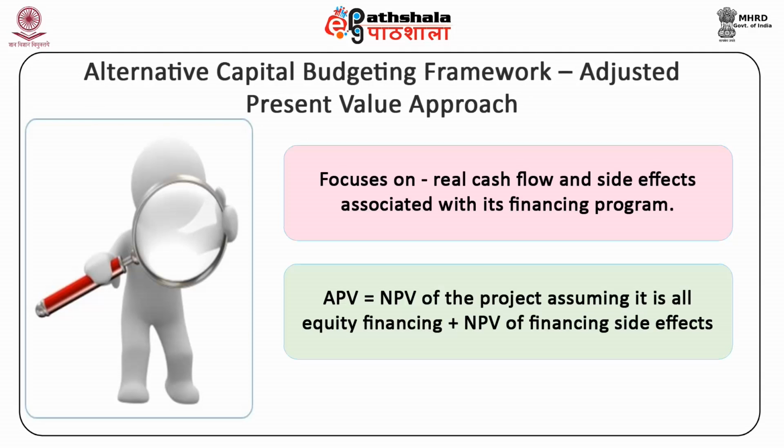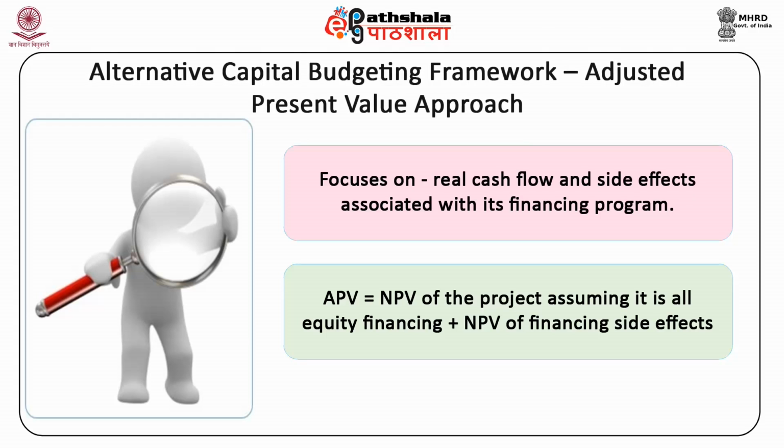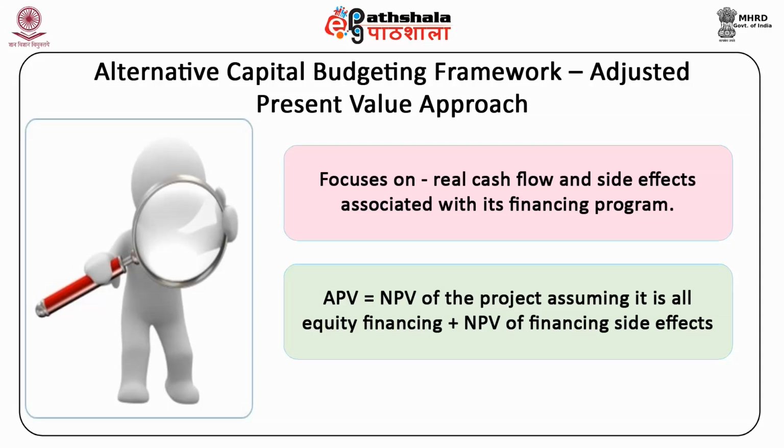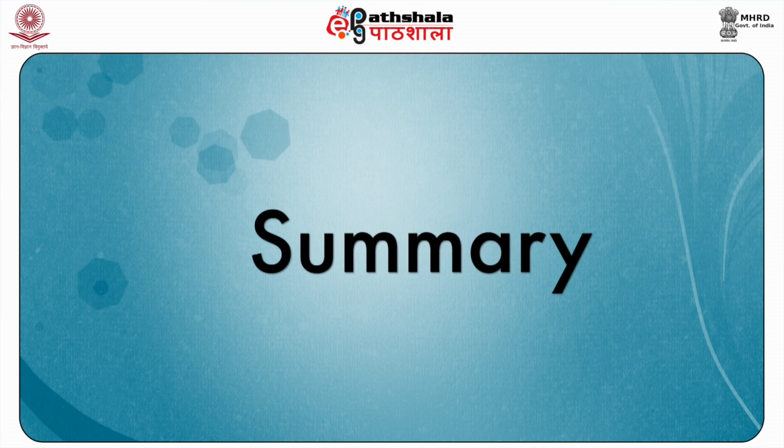So APV is equal to the NPV of the project, assuming it is all equity financing, plus the NPV of financing side effects. APV breaks the total value into two parts. One part assumes no debt is used, and then adds on the extra value created using debt in the capital structure. Let us summarize what we have learned from this module.